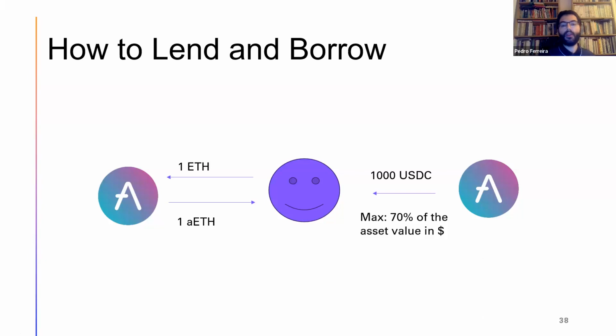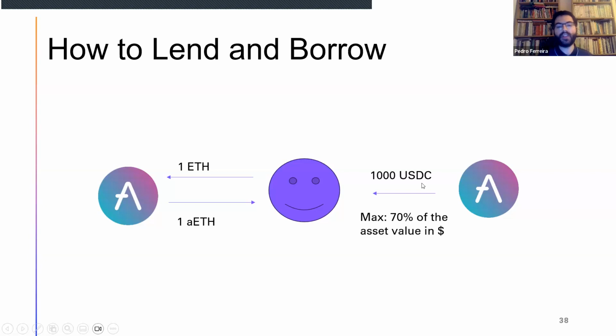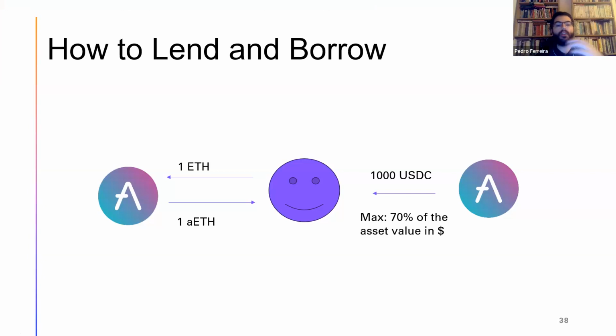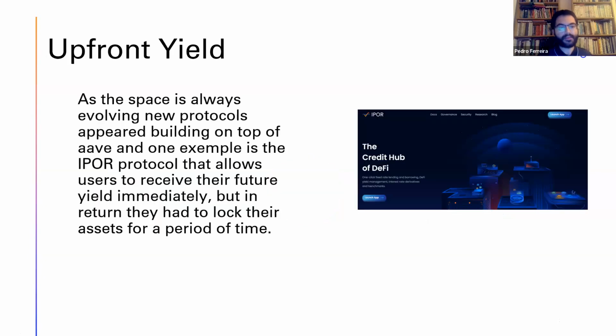And if you want to borrow, imagine that the Ethereum is worth $1,500. You can only borrow 70% of that, or something lower than 70% of that value. And why only 70%? Because you want to protect the protocol, and there always needs to be liquidity in the protocol in order to satisfy the needs to withdraw and deposit the assets.